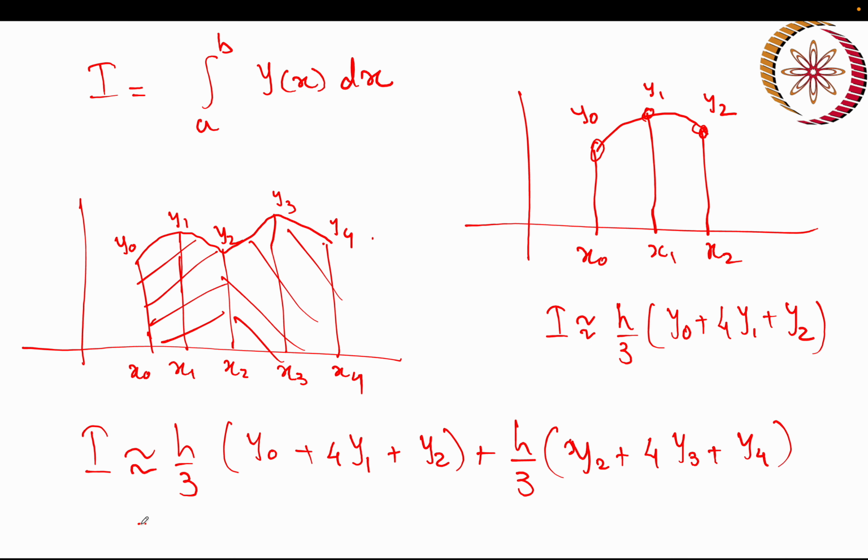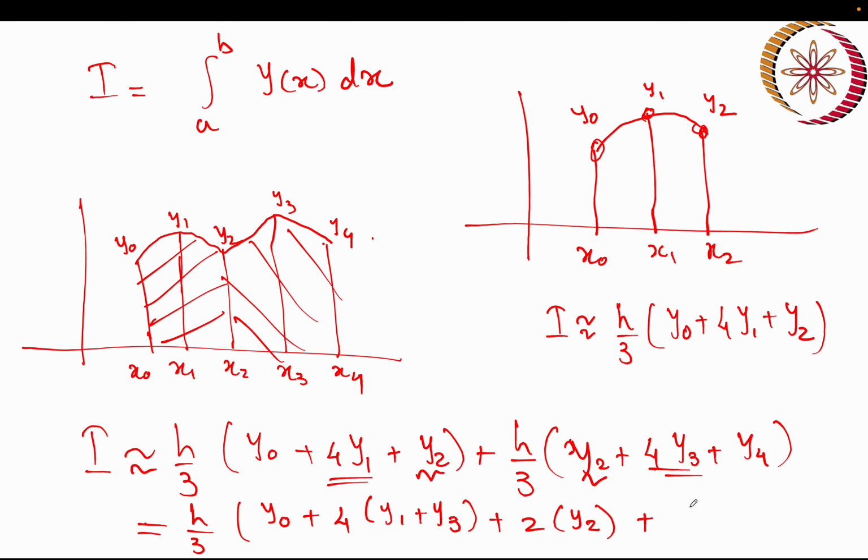If we simplify this, we will get y0 plus these two terms which have 4 as coefficient, which is y1 plus y3, and this term comes twice, so twice y2, plus y4.